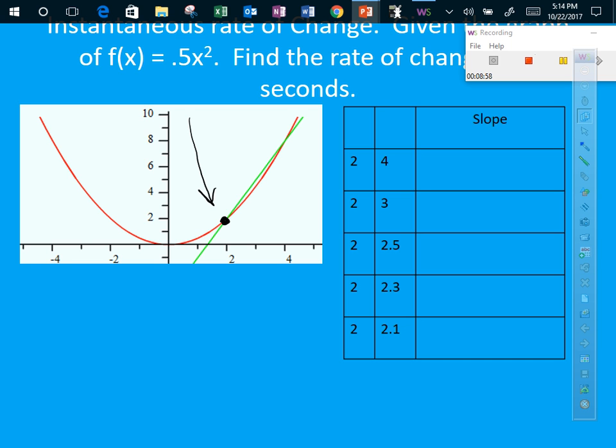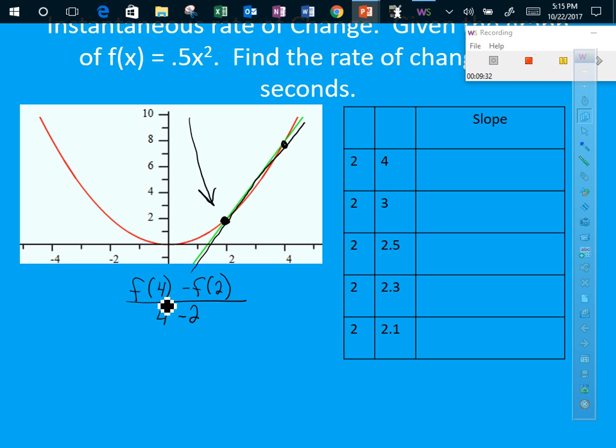To do this, I'm going to ask you to find the average rate of change on the interval x equal 2 to x equal 4. So from x equal 2 to x equal 4, we're going to find that. So I'm going to go f of 4 minus f of 2 over 4 minus 2.